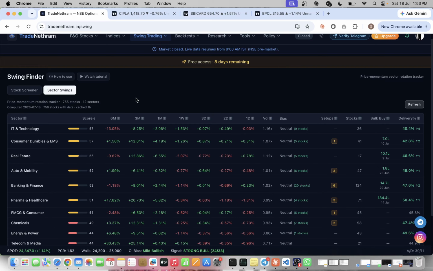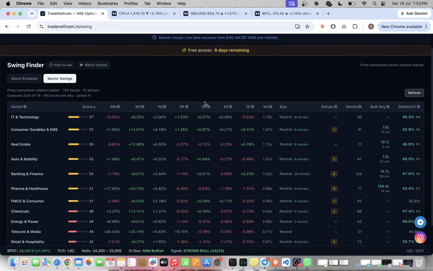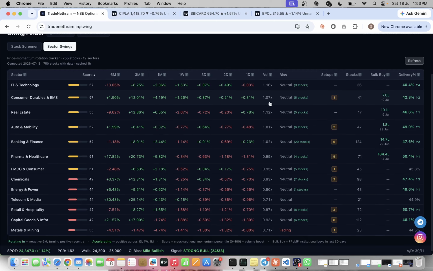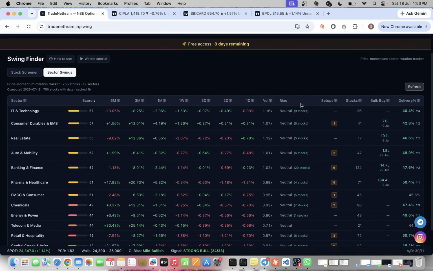And the other thing is sector swings. You might have already known where exactly the big positions are being built right now, right? The sector rotation happens, right? So the sector rotations will happen every 3 months or 4 months or even after a year or something.